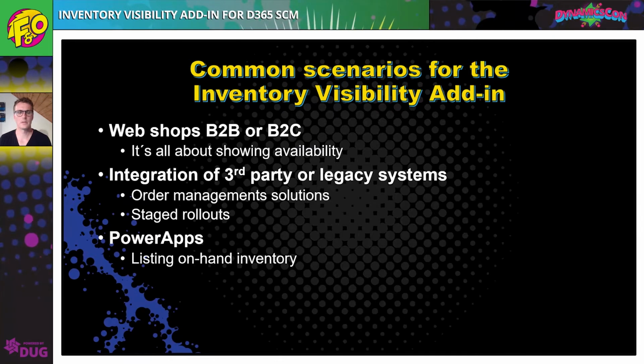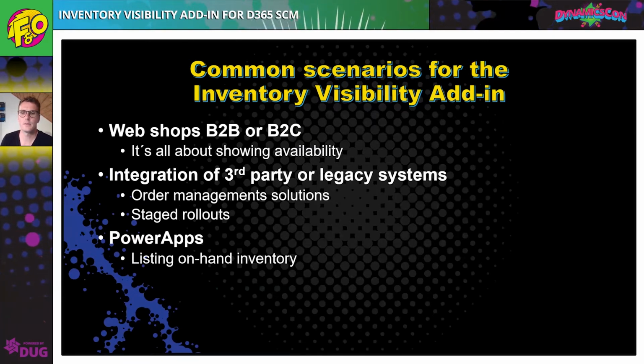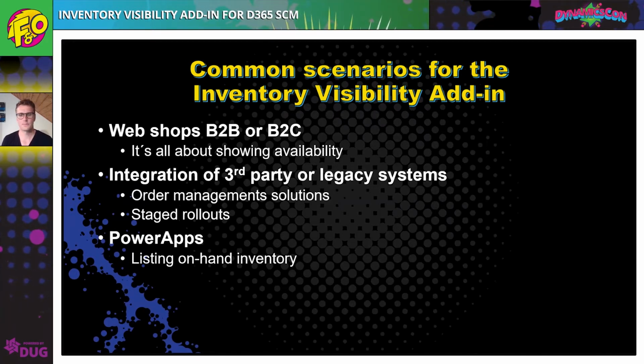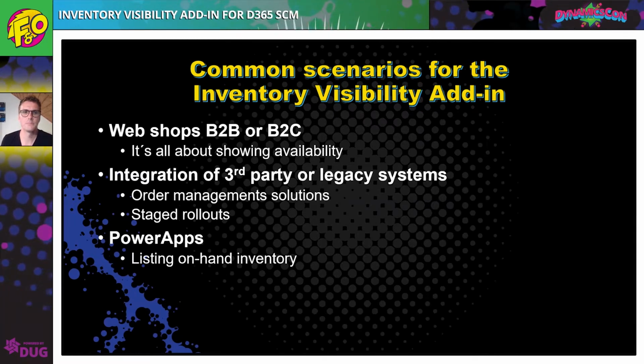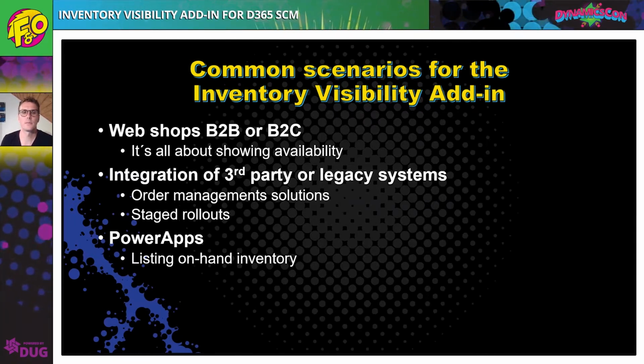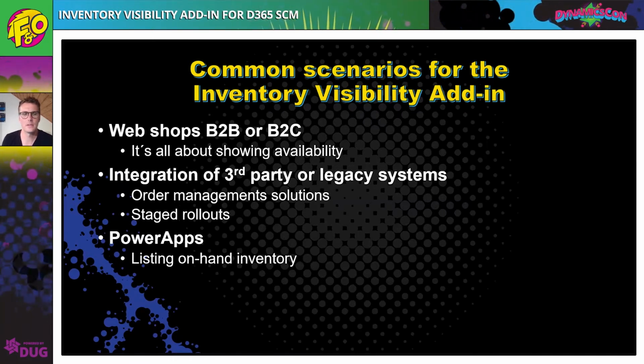And another one is the integration of third-party or legacy systems, for example, order management solutions or stage rollouts. Stage rollouts in this scenario means that you have a subsidiary that is currently live in F&O and another subsidiary is not yet live, and you kind of consolidate the inventory or the on-hand information via the inventory visibility add-in.